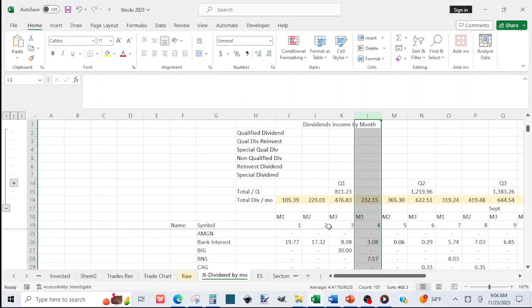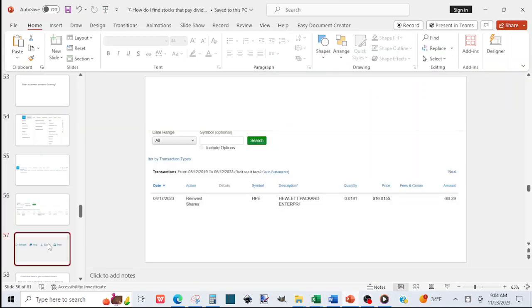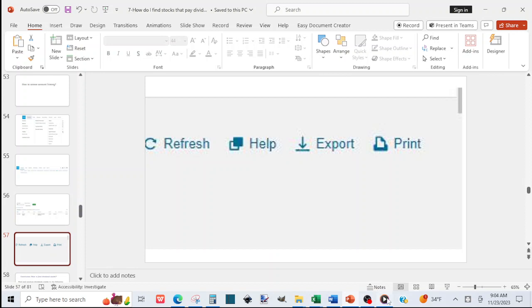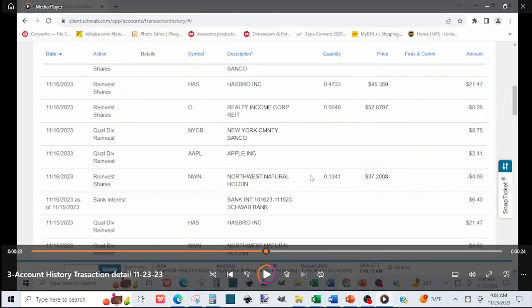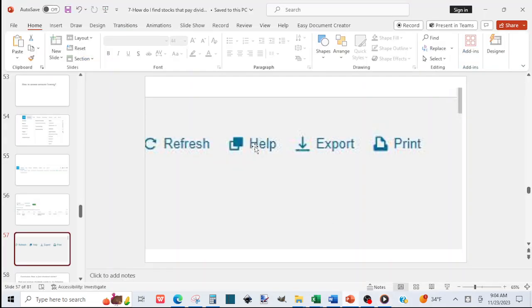A second thing you can do as well is download a CSV file. On that history page, account history page, when you go on top, you will have export or print buttons.